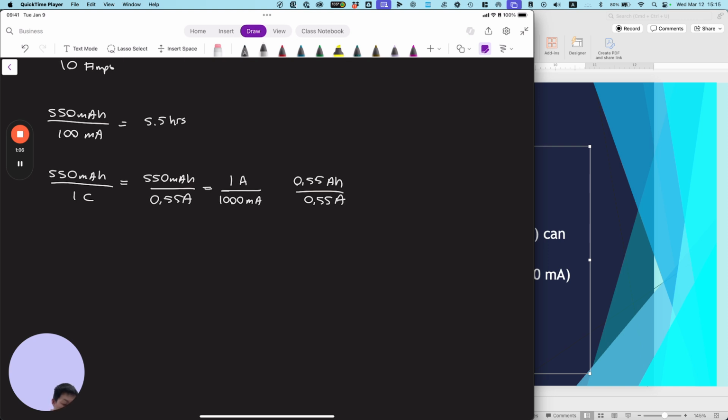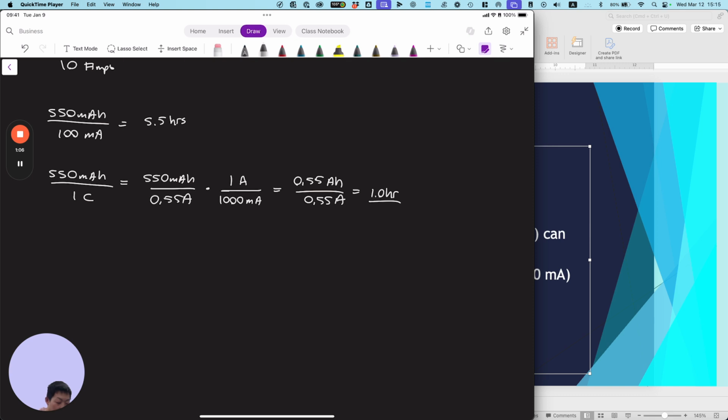So 550 divided by 1,000 ends up getting us 0.55. So we went from here to here. Okay, so what is that in terms of time? 0.55 divided by 0.55. Yeah, 1 hour. It's going to last 1 hour.